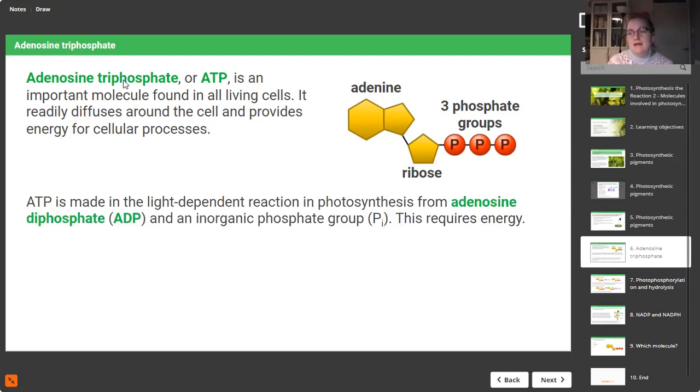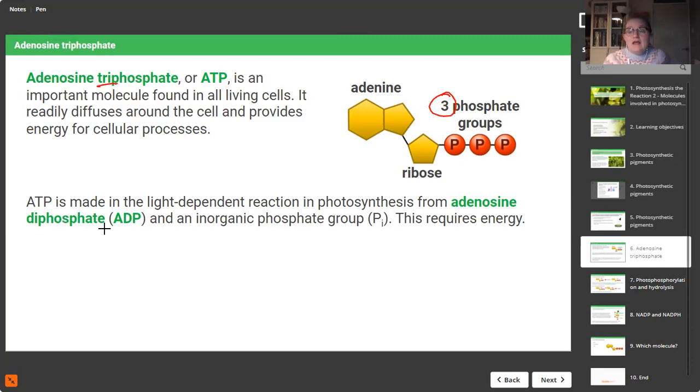So ATP is made in the light-dependent reaction of photosynthesis. So that's the first part of photosynthesis. And we make it from a molecule called adenosine diphosphate. As you could probably guess from the name, adenosine triphosphate means we've got 3 phosphate groups.